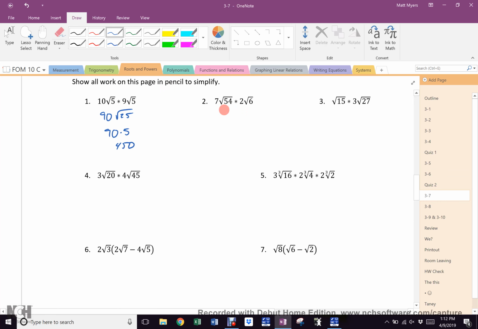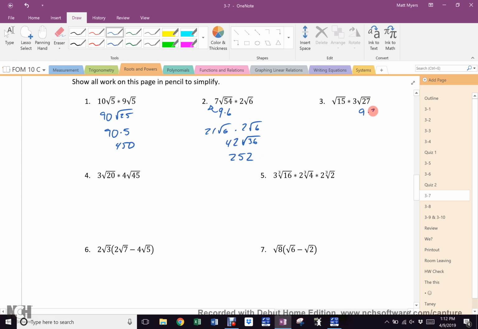This is 9 times 6, which is 21 root 6 times 2 root 6, which is 42 times the root of 36, which is 252. This doesn't get any simpler.